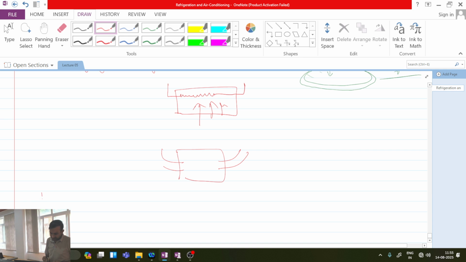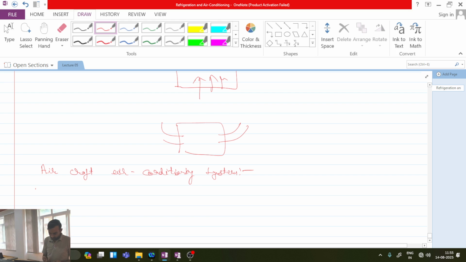Now, what are the different aircraft refrigeration systems or aircraft air conditioning systems? To be more precise, because we are basically doing the conditioning of air. So there are 4 systems. One is called the simple aircraft air conditioning system or air conditioning cycle. Second is the bootstrap aircraft air conditioning cycle.